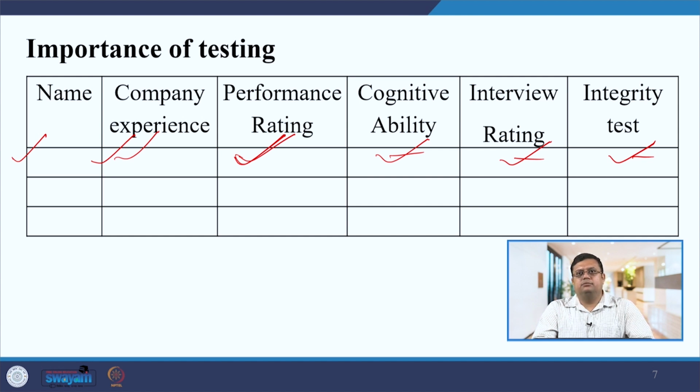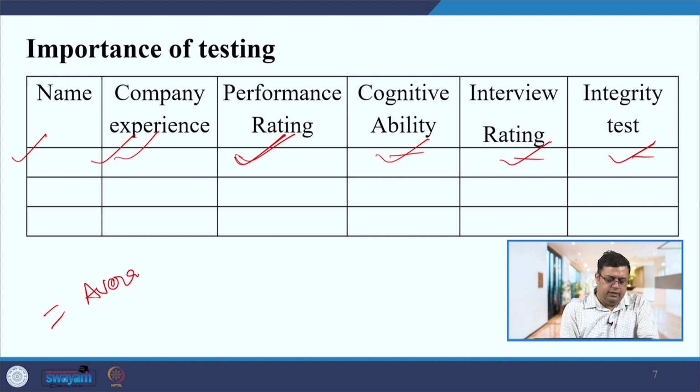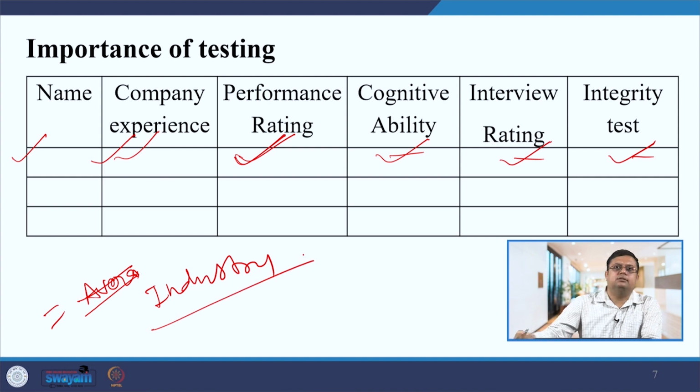Now the question comes, how should we decide for how many years a candidate should work with your organization? In that case, I suggest only one thing: you should go with the industry average. Because if you see the current trend, most employees don't want to work more than 3 years with one organization.